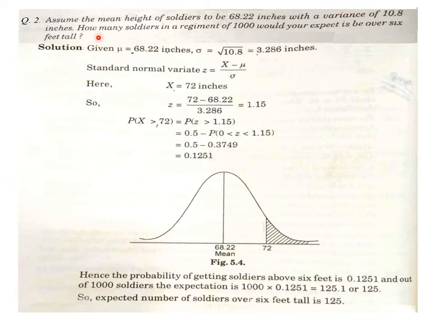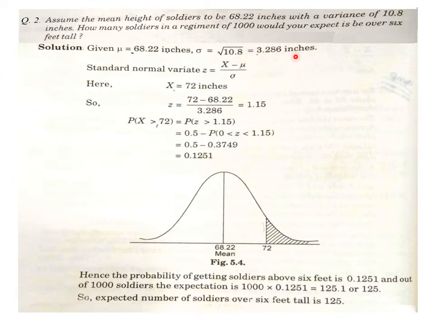So mean means mu equals 68.22 inches and variance means sigma square is 10.8. So sigma is the square root of 10.8, which is 3.286 inches.